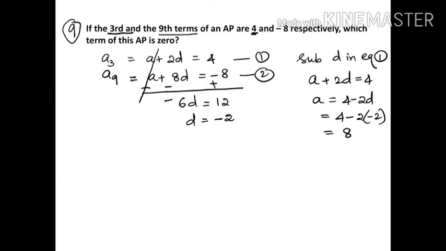So we have the first term and the common difference. Now we have to find which term of the AP is 0. So let's say the nth term of the AP is 0.